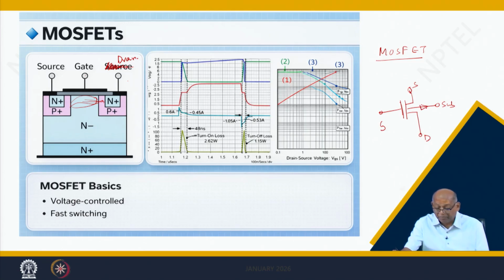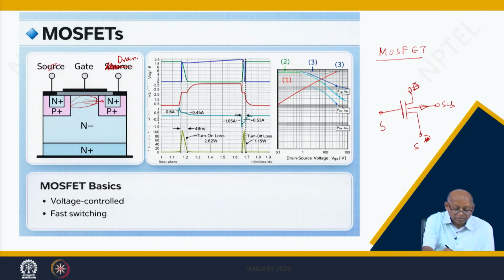This is a MOSFET. By applying a suitable voltage, VGS, gate to source voltage, let us say this is drain, this is source. By applying a positive voltage here, you are able to attract electrons here.